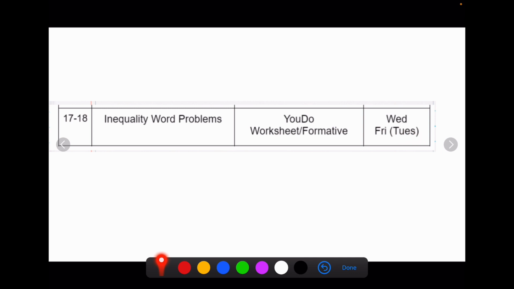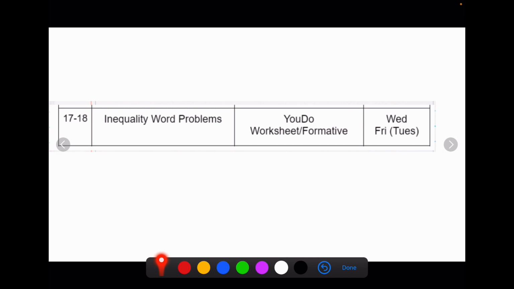So again, as a reminder, you'll have a you-do to work on today and tomorrow that will be due on Wednesday by the end of class. Then you will receive a worksheet possibly towards maybe the middle of class on Wednesday, depending on the time. That will also be worked on in class on Thursday, and it'll be due on Friday.